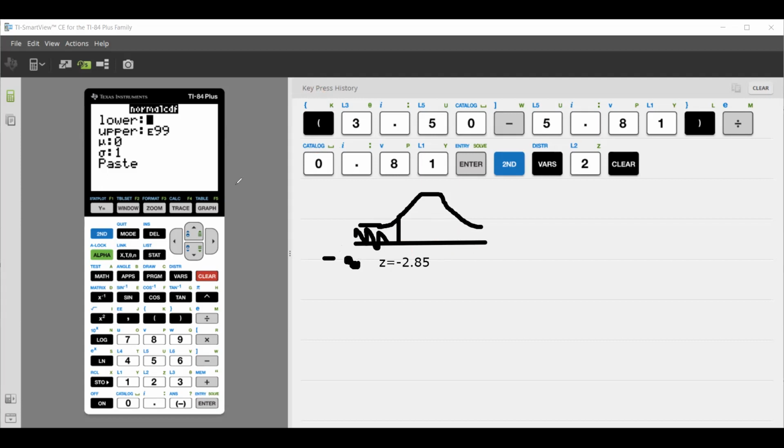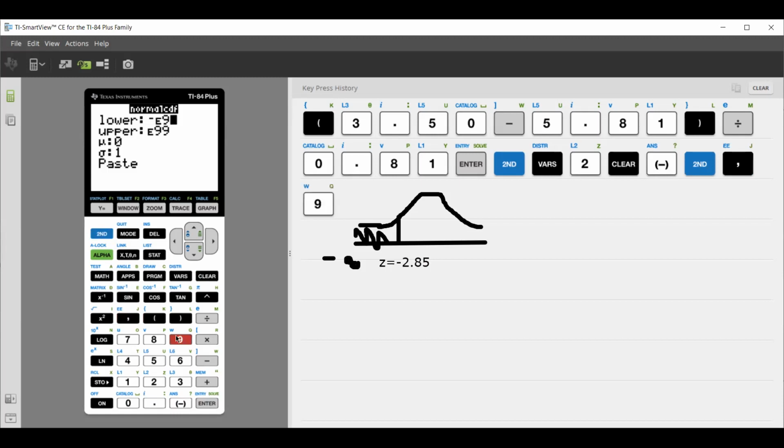The way I enter infinity on my calculator is usually with the negative sign, then E, the E that's on top of the comma. So we go second E.